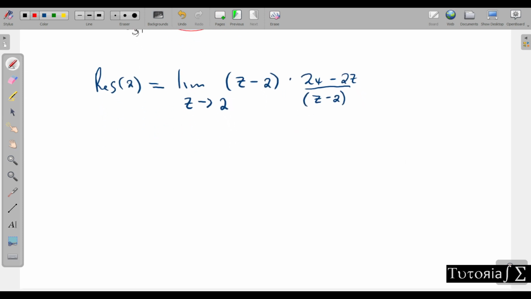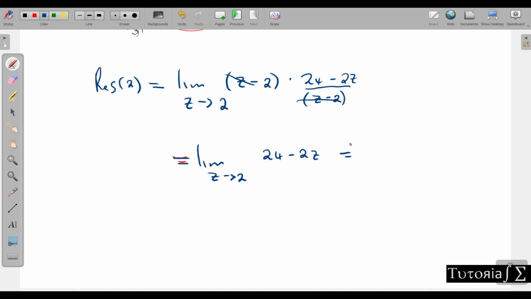So to find the residue at 2, this will be equal to the limit as z approaches 2. We see that z minus 2 cancels, and we remain with 24 minus 2z. Then where there is z, we replace it with 2, as we apply when solving limits.